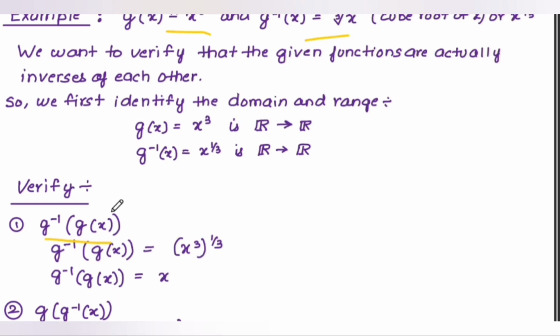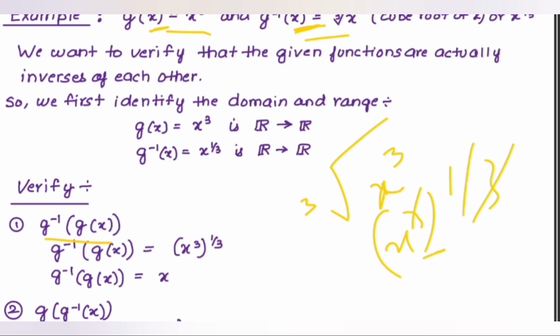So for g inverse of g of x, we replace this x with g of x. Instead of x, you'll write this. So what does it mean? It is basically x cube raised to the power 1 by 3. This will cancel, giving you x.